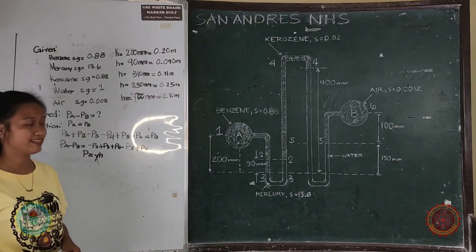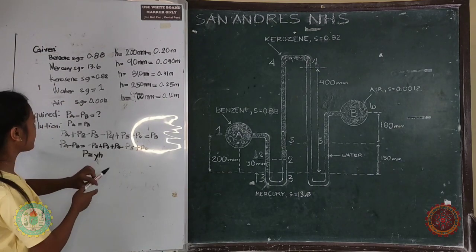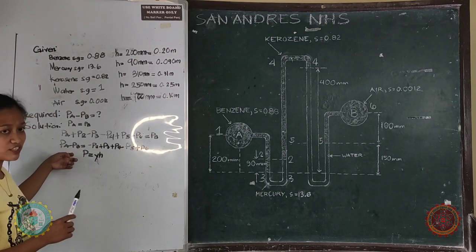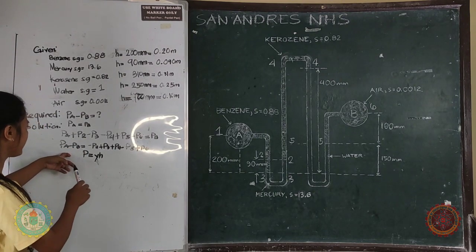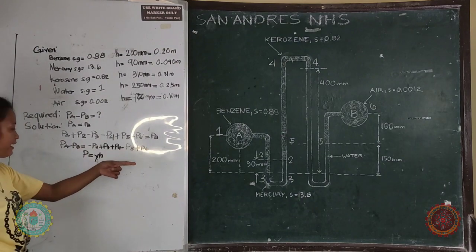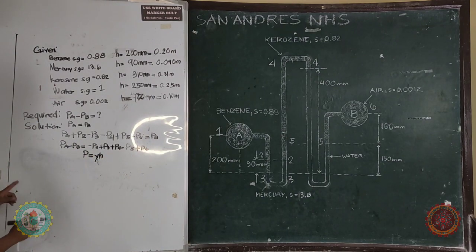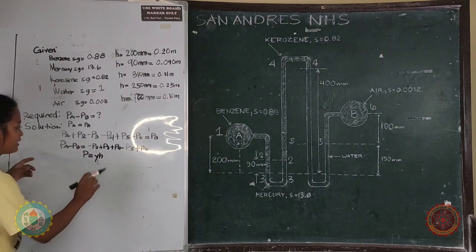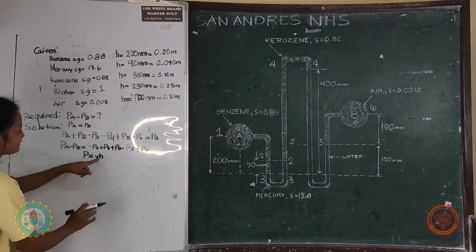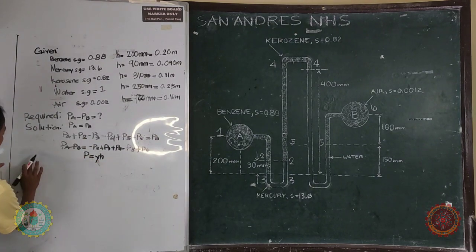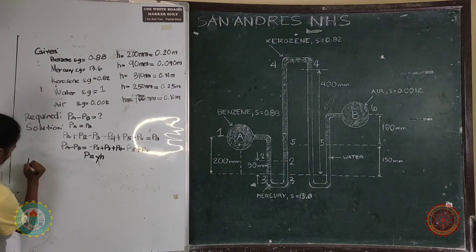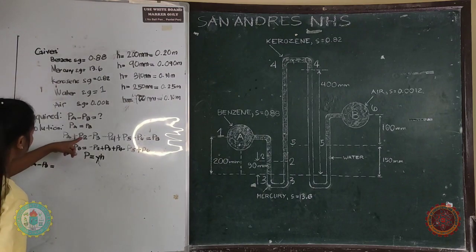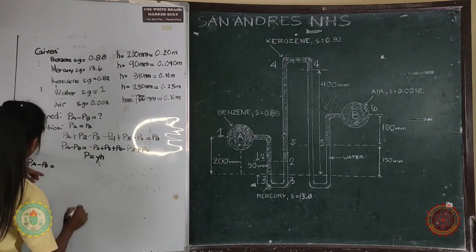So, let's proceed in solving. Since we have obtained all the data we need to solve what is asked in the question, which is the difference in pressure between point B and point A, we consider that the formula for pressure is the specific weight of a fluid times height. So, PA equals, our P2 is negative, which is benzene.